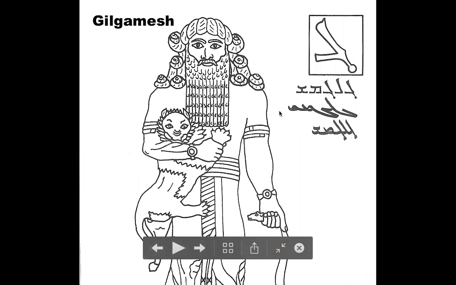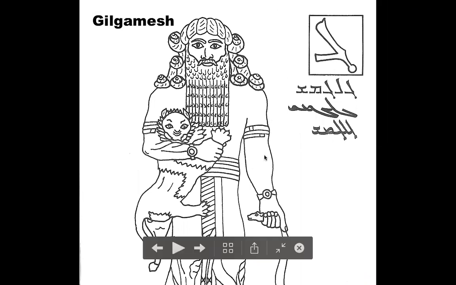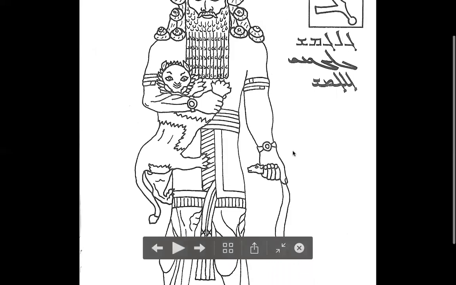Many parts that we're not reading. The lion represents his courage, but also there's an episode in it with a character named Enkidu where he encounters a lion. But he's also holding, as you can see, a serpent or a snake. And this does, in fact, the serpent appear in tablet 11.